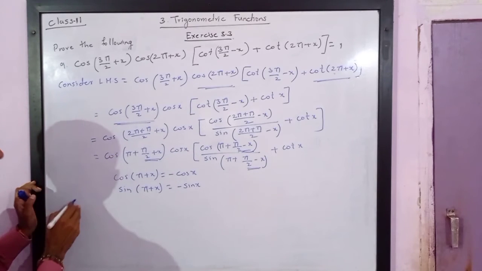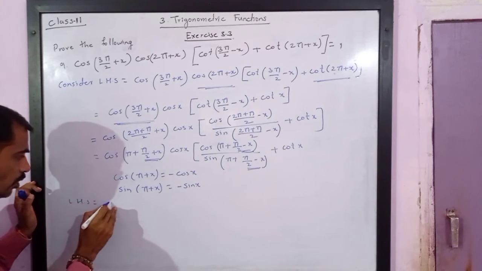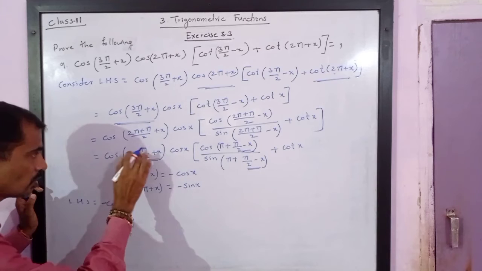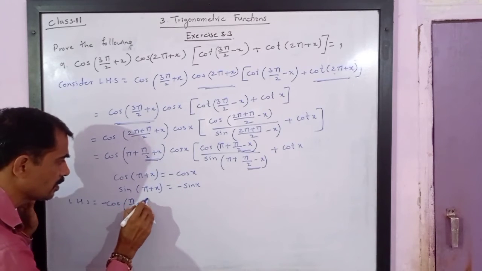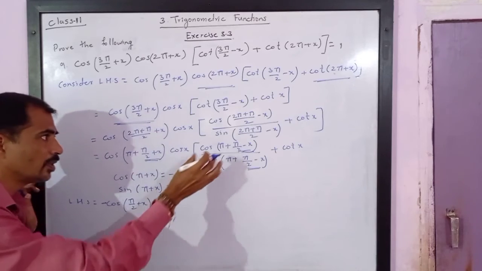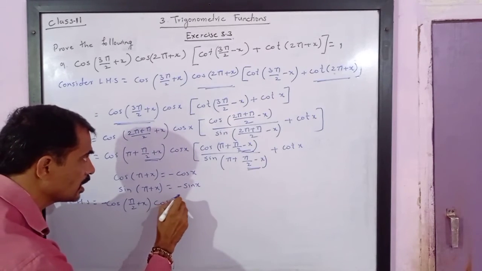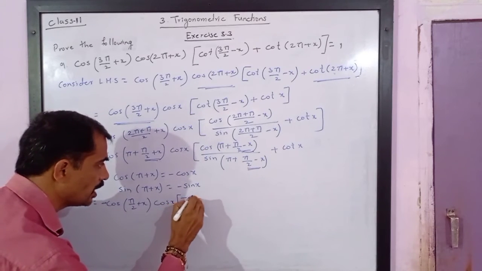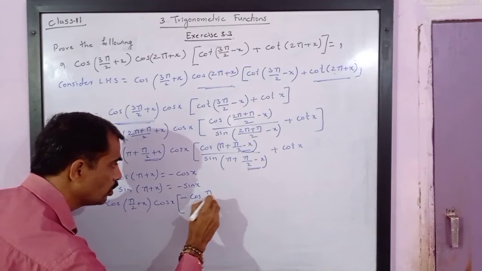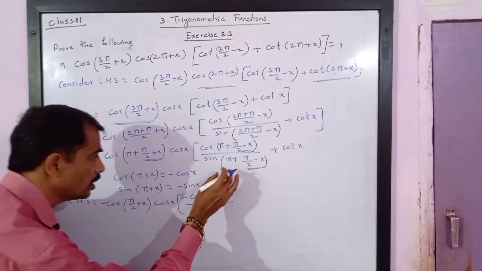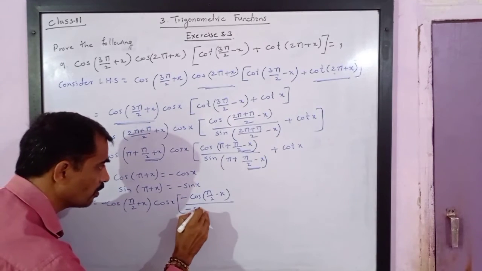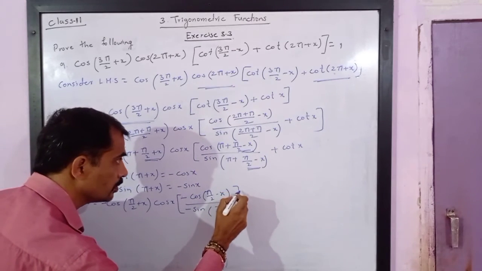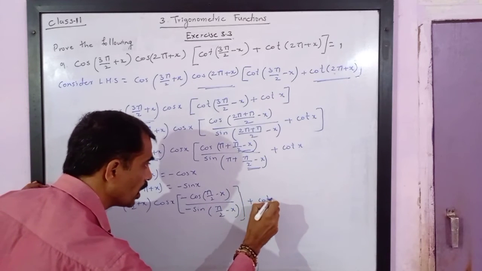So this becomes LHS is equal to cos of pi plus, this is minus cos of pi by 2 plus x, into cos of, again this becomes cos x in bracket, cos of pi plus, minus cos of pi by 2 minus x, please note sign changes, upon sin of pi plus, minus sin of pi by 2 minus x, plus cot x.